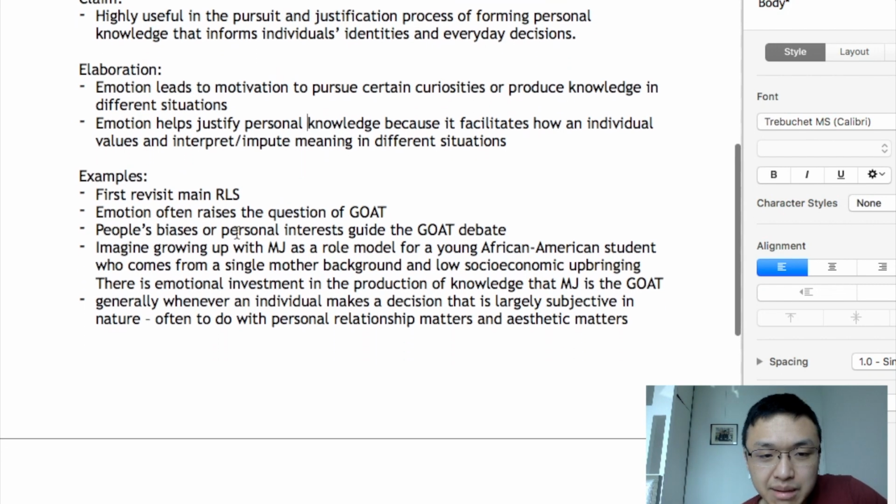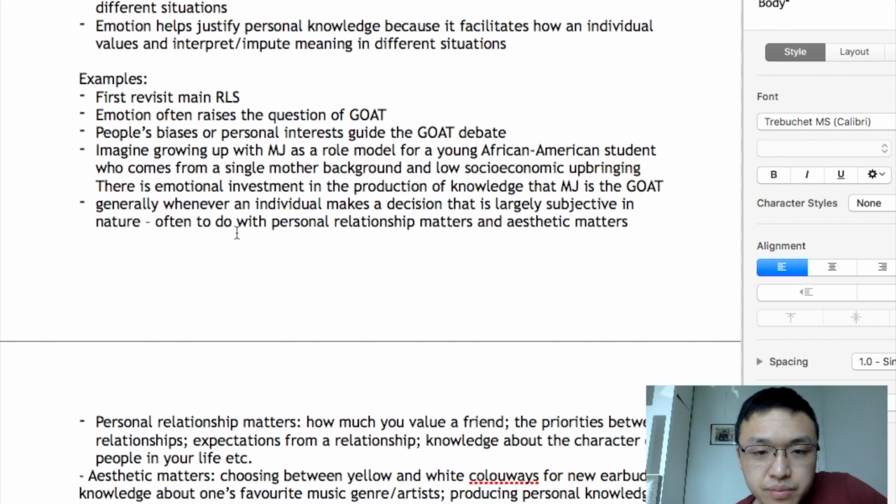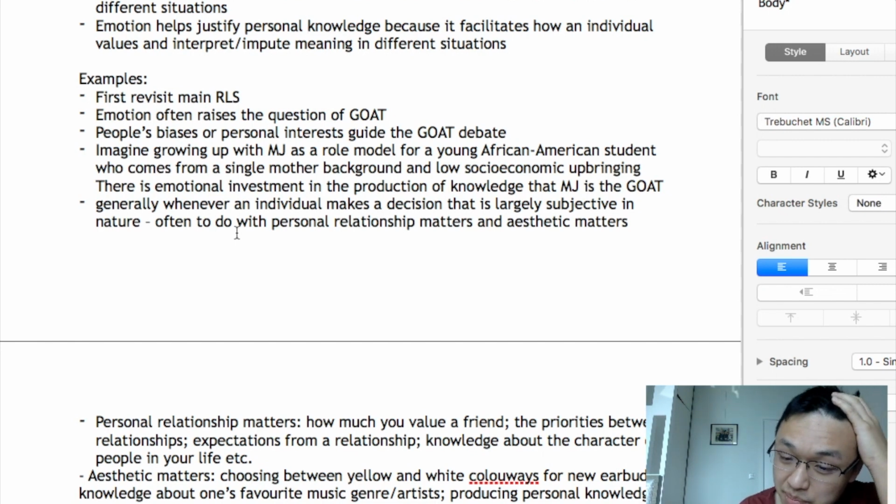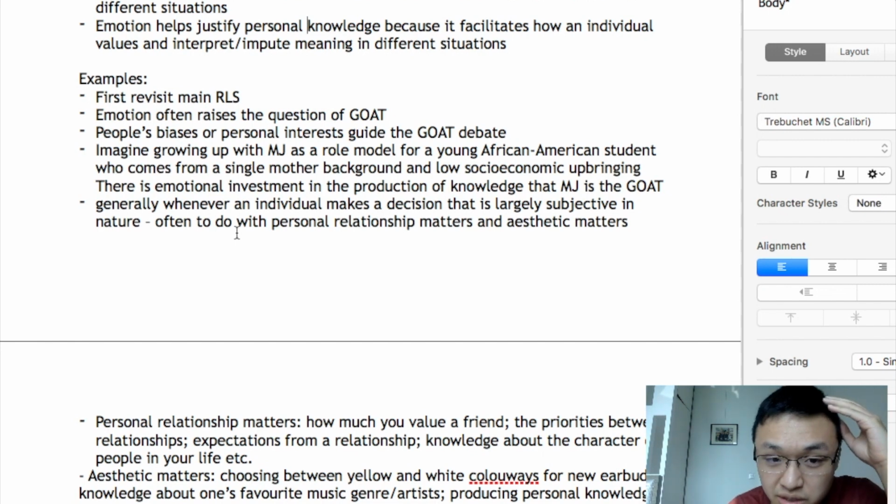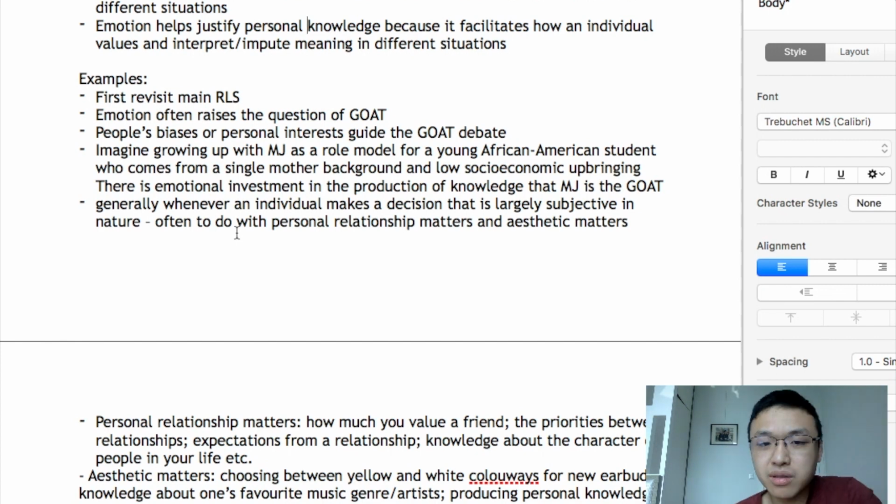So as an example, emotion clearly plays a role when people debate about who is the greatest of all time in basketball or in football or in soccer, right? For example, a person who grew up with Michael Jordan as a role model at a very young age is likely to feel very connected to Michael Jordan, especially somebody who is young and African American with a similar background to Michael Jordan, right?